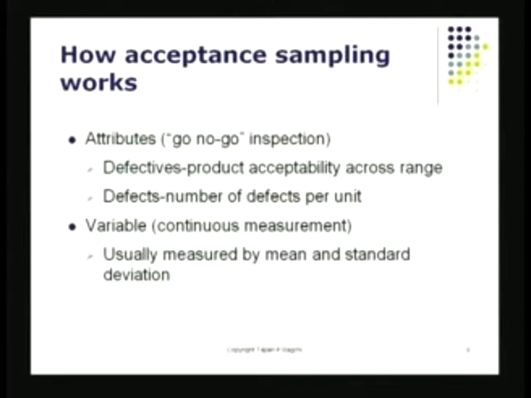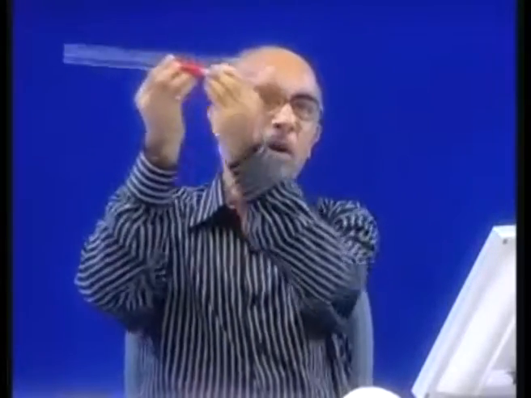Attributes, as I mentioned to you, are measured on a go-no-go basis. They are judged on a go-no-go basis. And variables, they can be measured on a dimension. So for example, I could have a measurement device, and on that scale I could measure the quality characteristics. If it's a dimension, I can certainly apply the scale there, and I can find out whether the length is right.